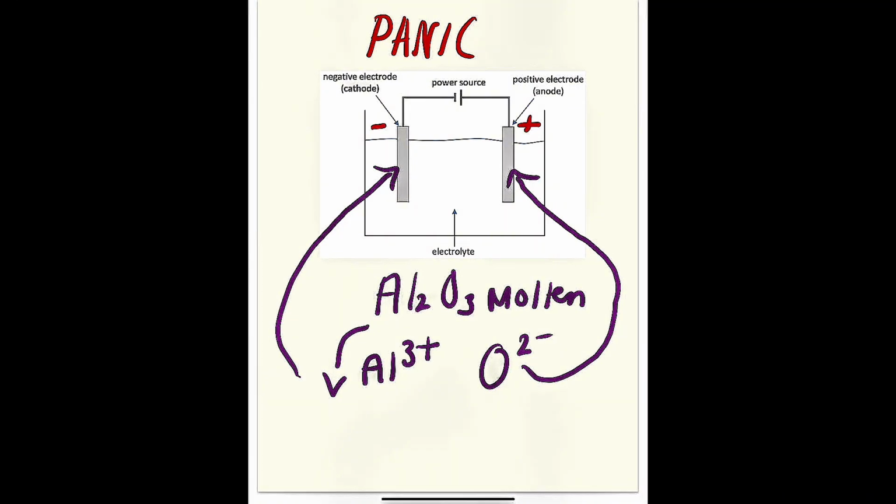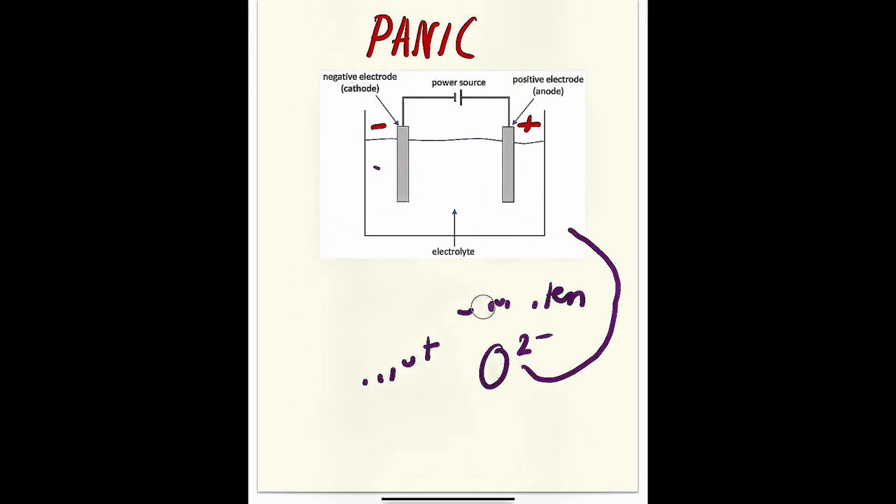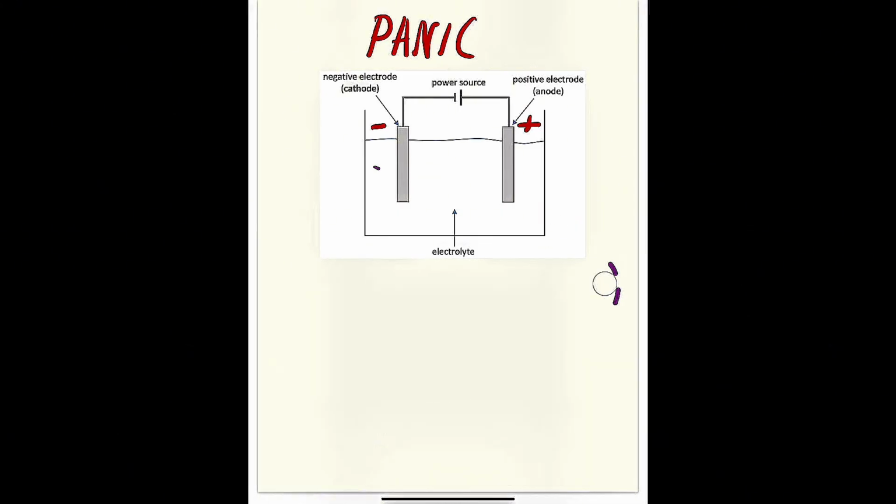Right, what I'm going to do now is a little example with you, another example. So let's say we do the electrolysis of potassium chloride, and that is going to be aqueous, meaning it's dissolved in water.